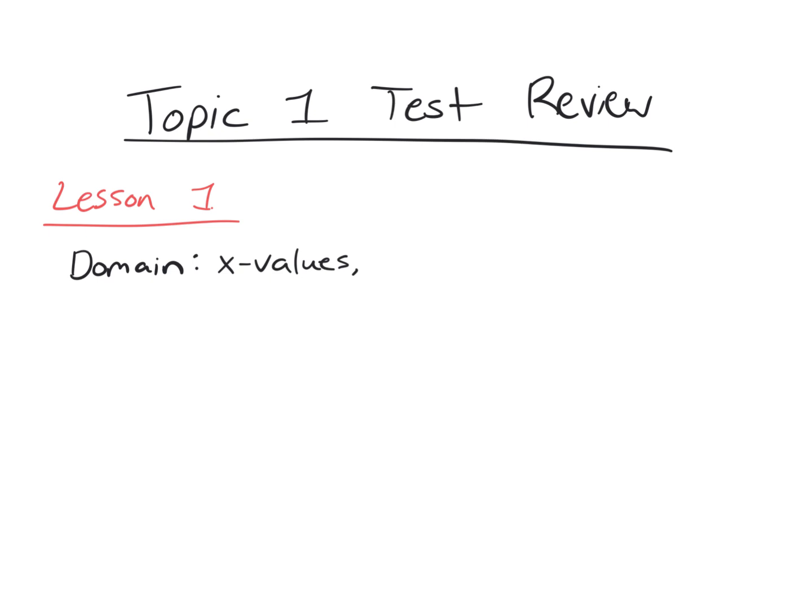When we're talking about domain and range, are we looking at the whole graph or are we looking at different parts? We're looking at the whole graph.